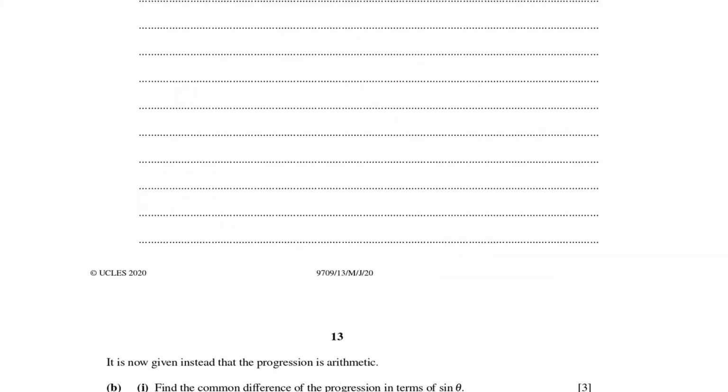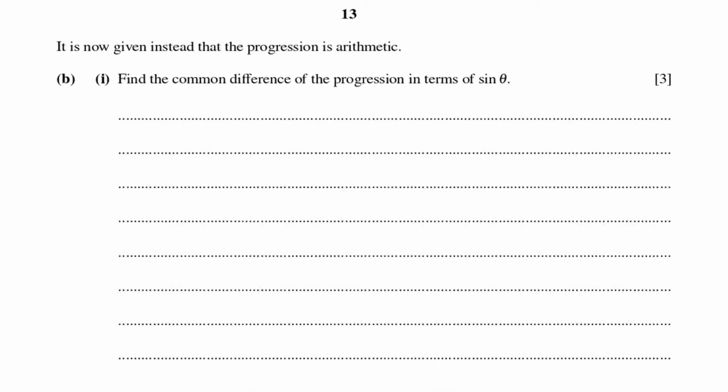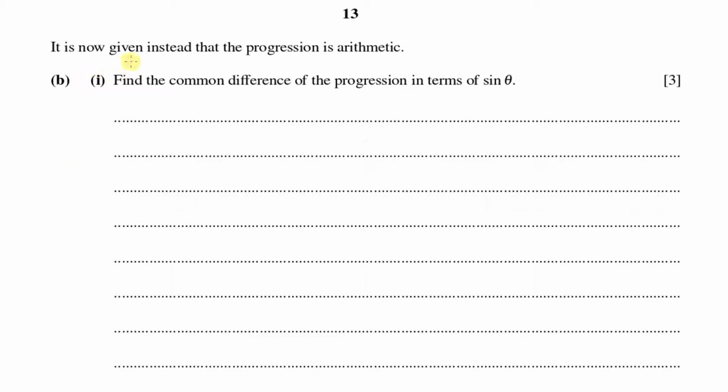Let's scroll down to part B. It goes, it is now given instead that the progression is arithmetic. So on B part 1, find the common difference of the progression in terms of sine theta. So the key word here is that we now have an arithmetic progression.